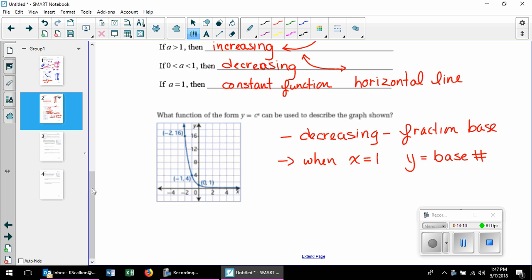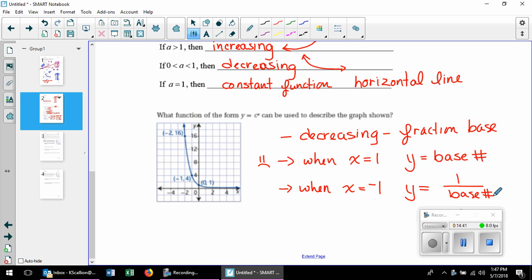So what do we know about this graph? Okay, hold on. It doesn't give us the point at 1. I don't know about you guys, but it's definitely hard to read. So what I can do is, so this didn't work, sad face. So when x is equal to -1, y is equal to 1 over the base number.